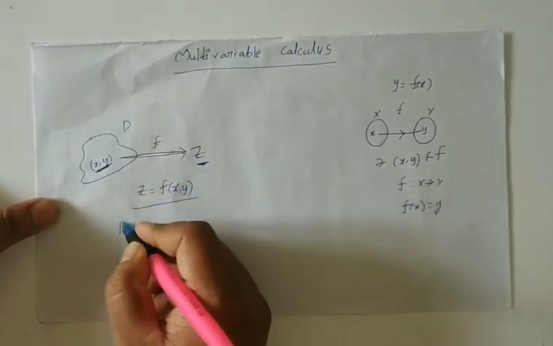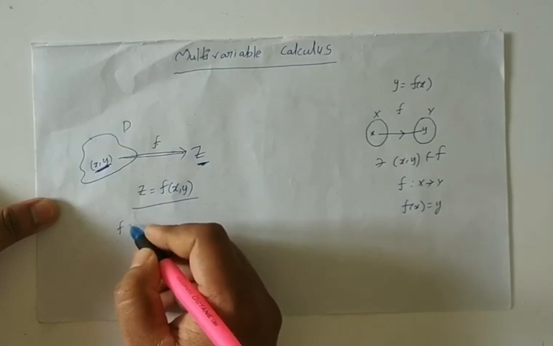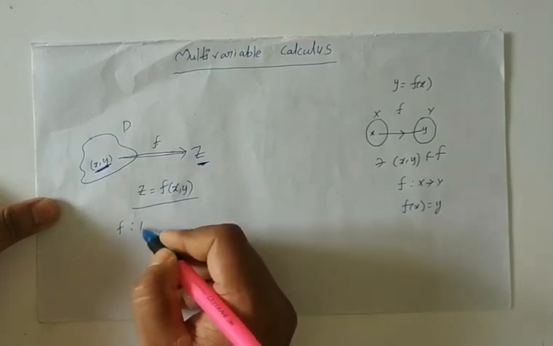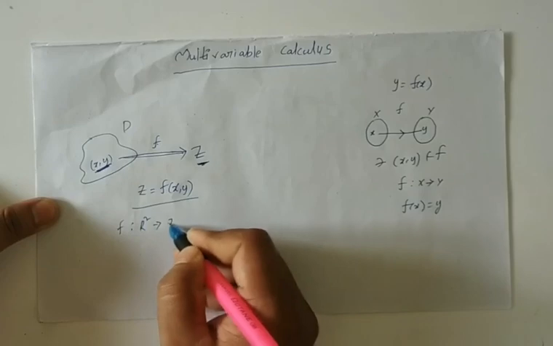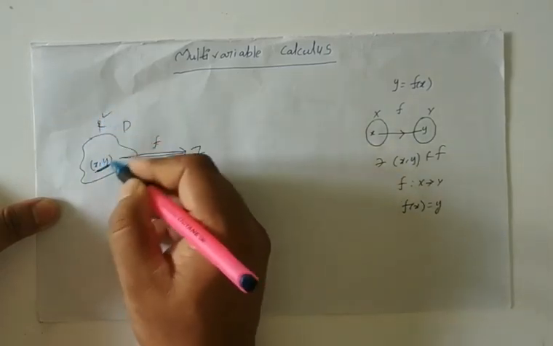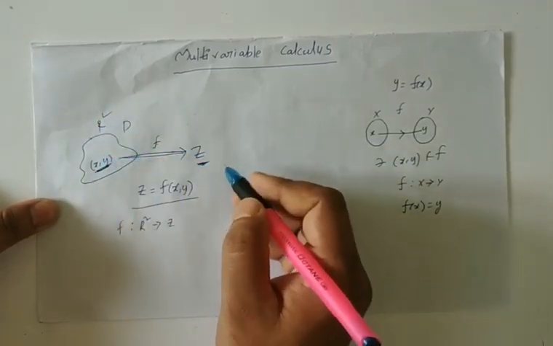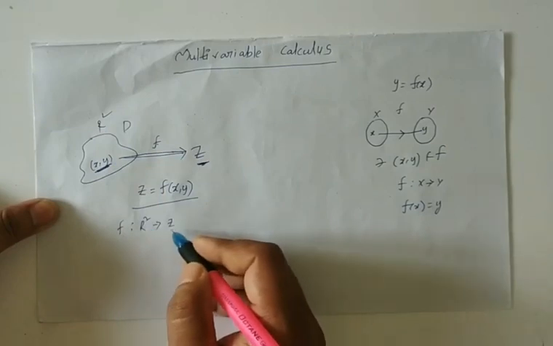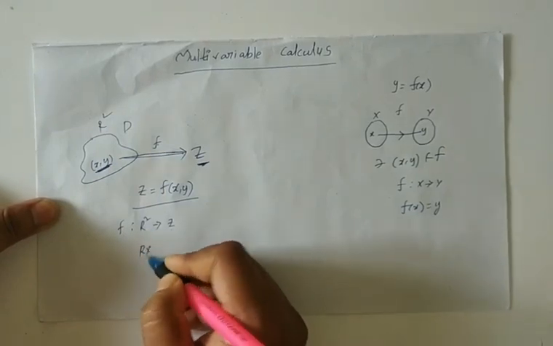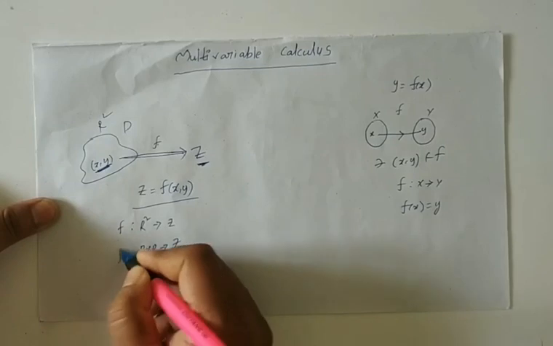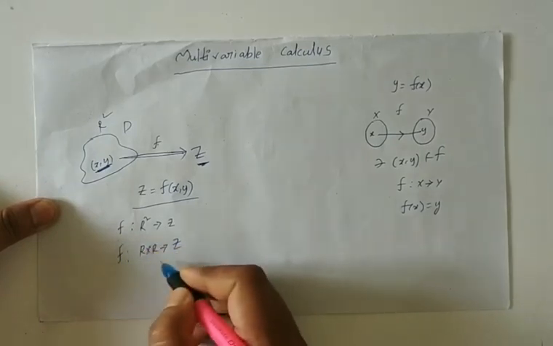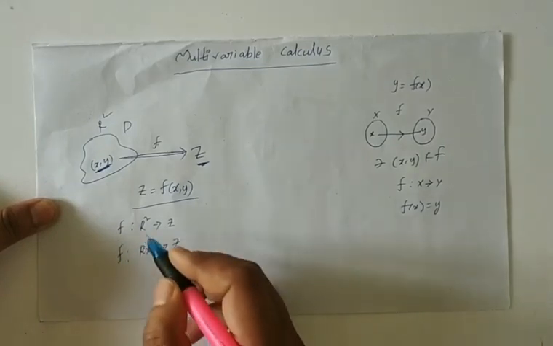Here we define functions from R square to R, that is f from R cross R to R. R cross R is nothing but R square.